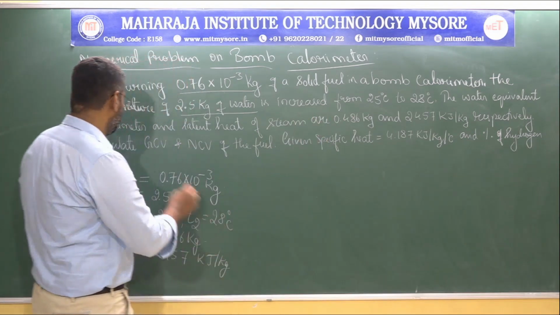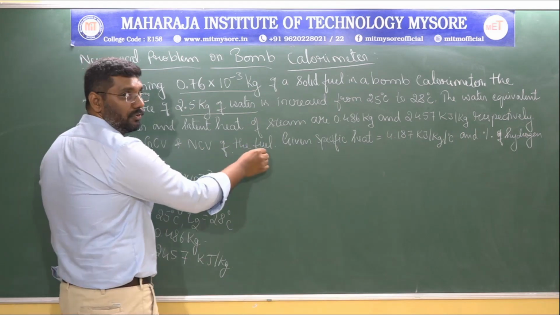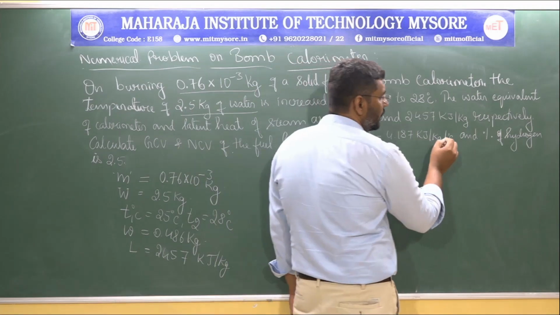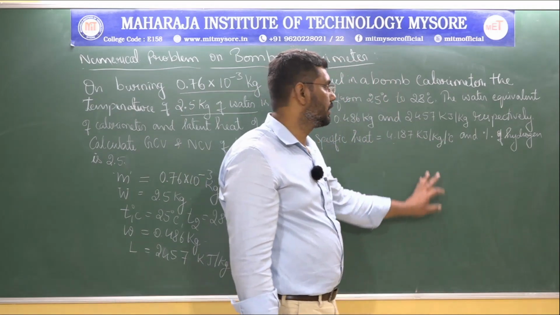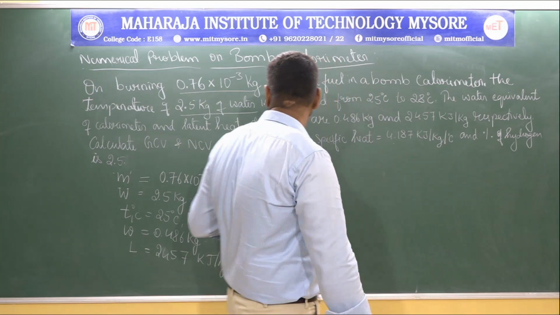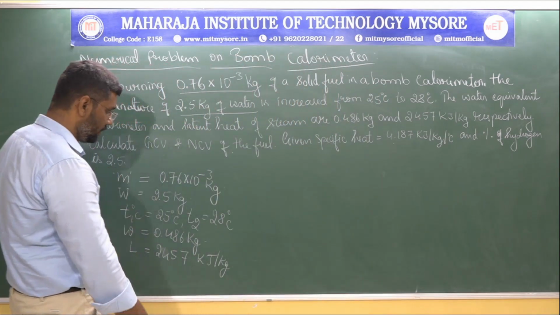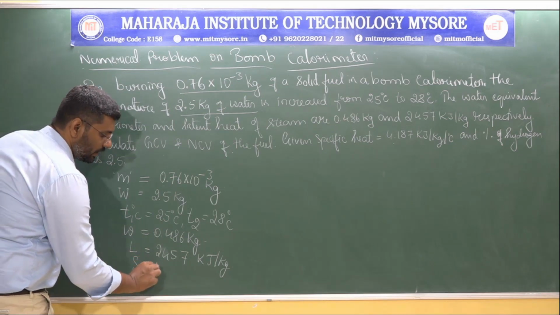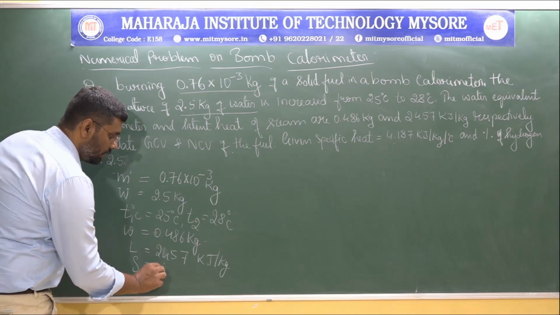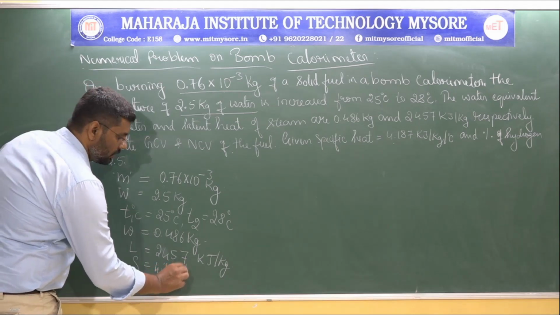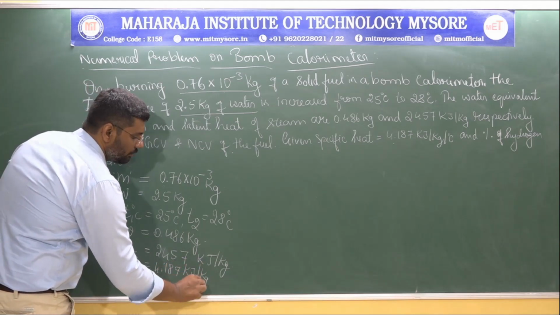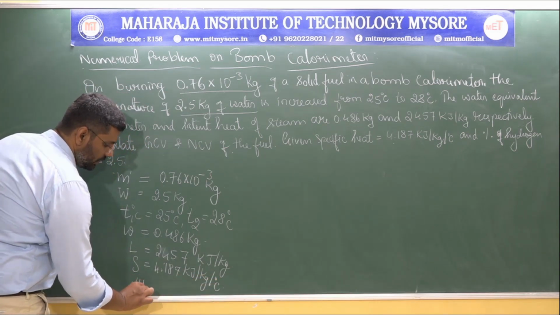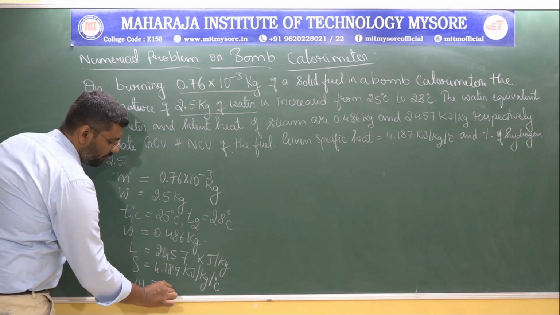Next, to calculate GCV and NCV of the fuel, he has also provided the specific heat, 4.187 kilojoules per kg per degree centigrade, and the percentage of hydrogen, which is 2.5.